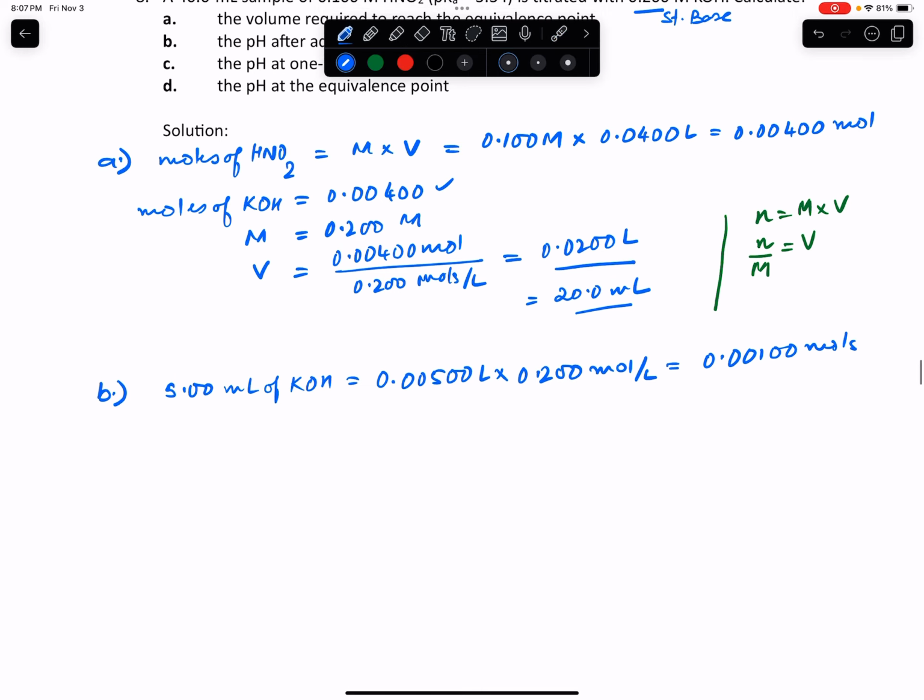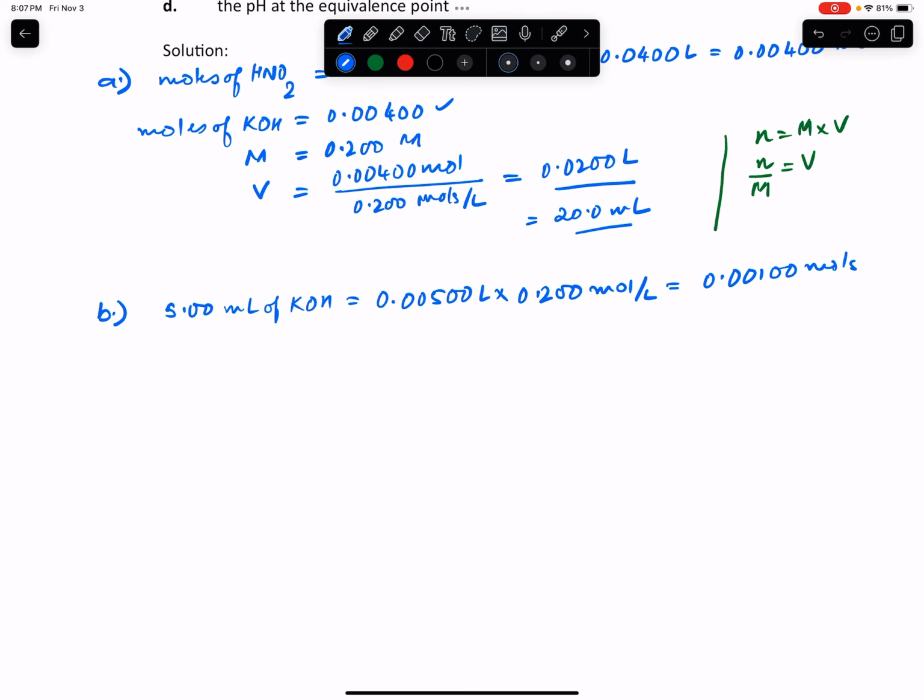We have to figure out what the effect of these moles is. To do that, we have to do a little bit of stoichiometric analysis, knowing that if I take KOH and react it with the acid HNO2, the KOH is going to neutralize the HNO2 and form water plus NO2 minus plus K plus.